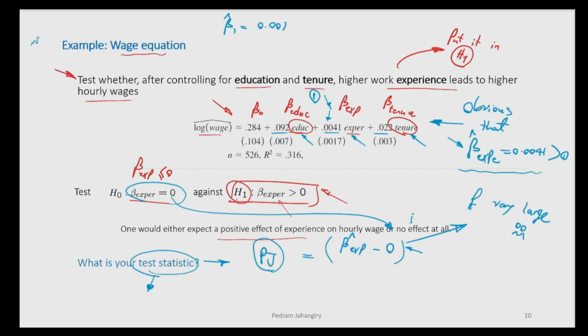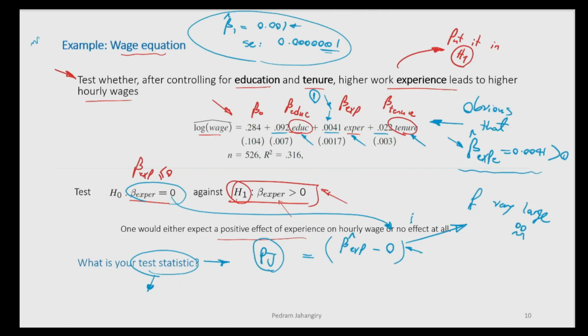I need to give you the standard error as well. If I tell you that the standard error is 0.0000001, then you are super happy. Because even if you look at 3 standard deviations from this number, you are way above 0, right? So for that reason, we have to take into account the standard error as well.